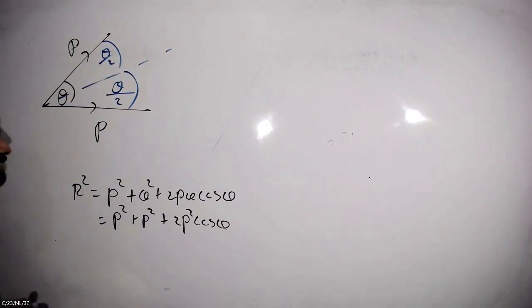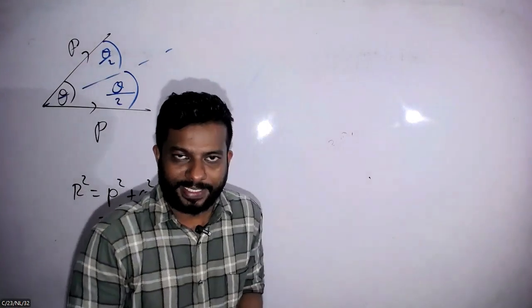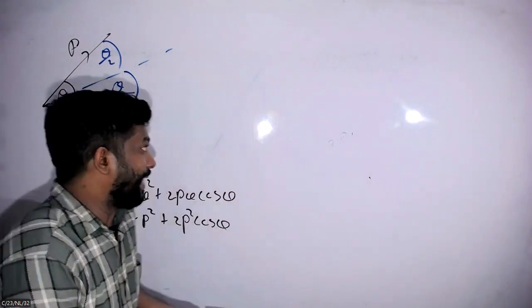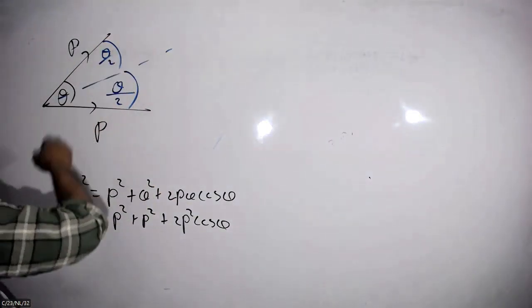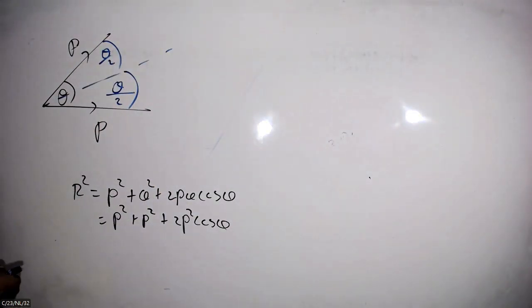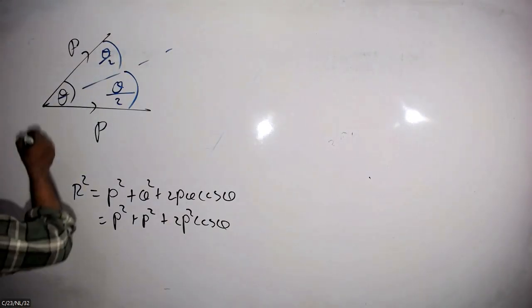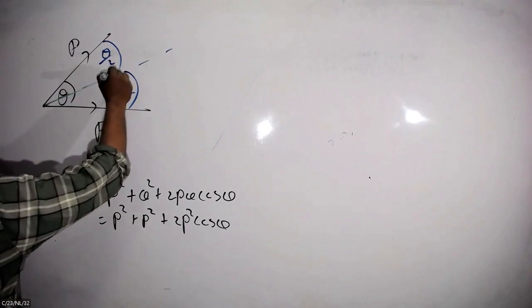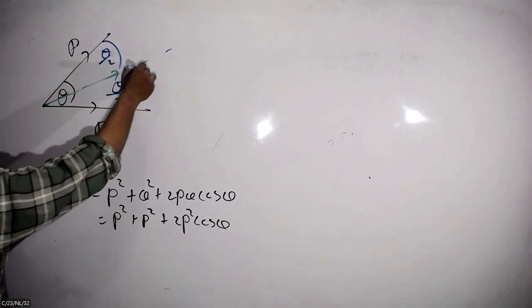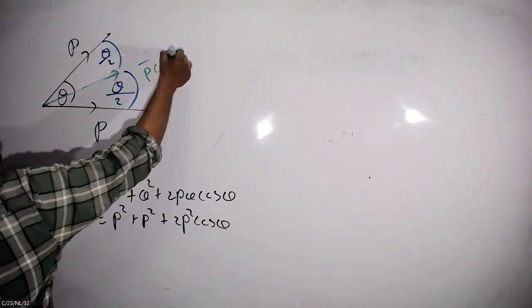Then you can consider the component of the p vector parallel to the acting line of the resultant and perpendicular to this line. Let me explain. Look here, children, I take a component of this: p cos theta over 2.